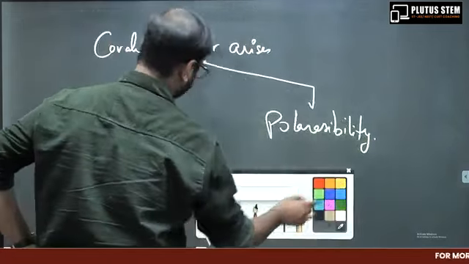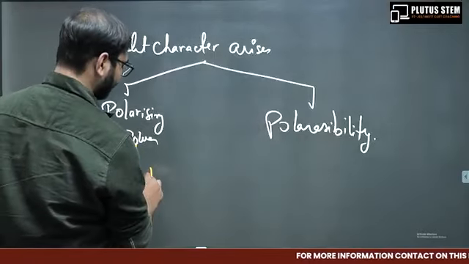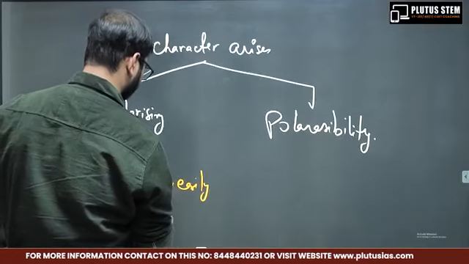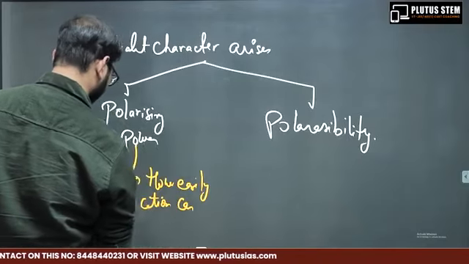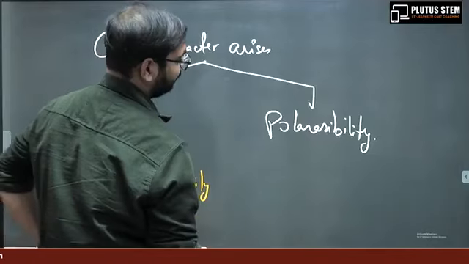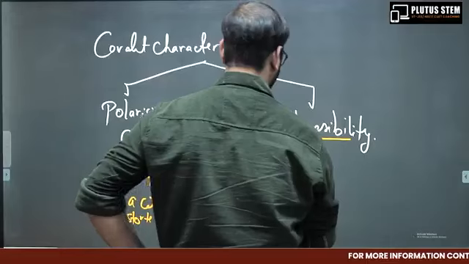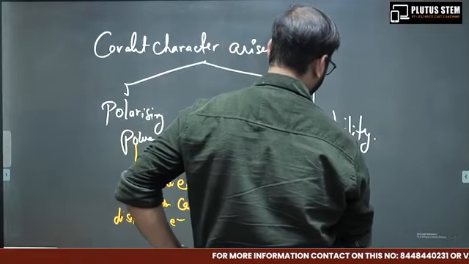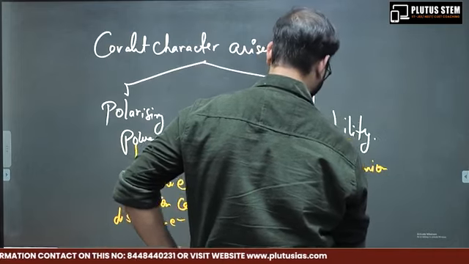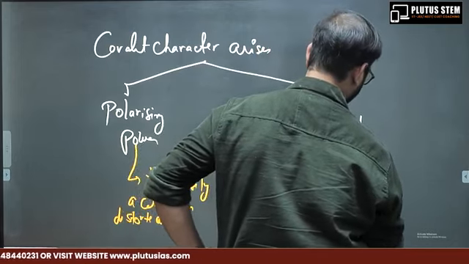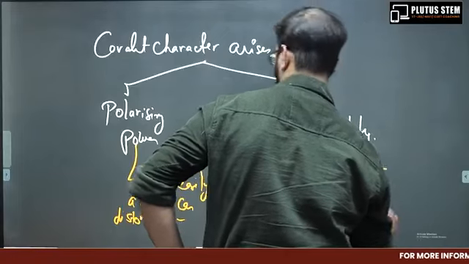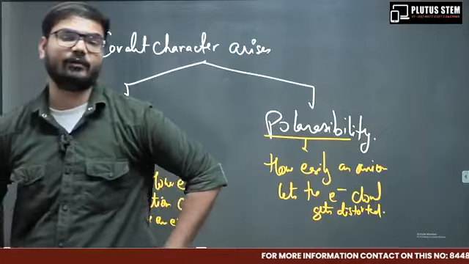Polarizing power refers to how easily a cation can distort an electron cloud, while polarizability refers to how easily an anion lets its electron cloud get distorted. These are the two primary notions we'll use to describe the covalent character in various compounds.